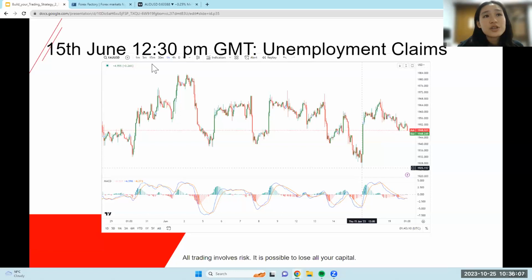But if we look at gold, XAU USD, this is gold. You can see that on the other hand, on the same day, at the same time, gold actually shot up. If we're looking at our MACD, the signal line crosses over the MACD line, and it's also giving us a green histogram area.